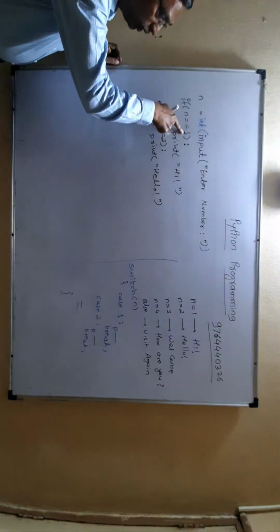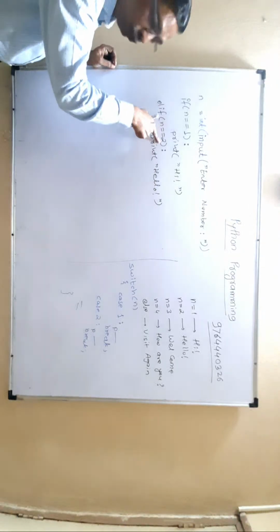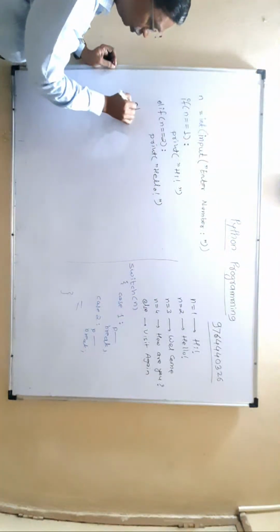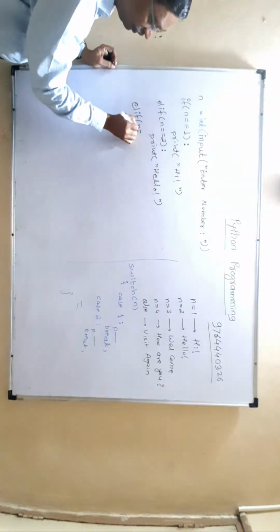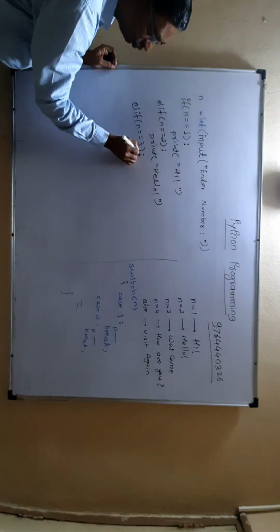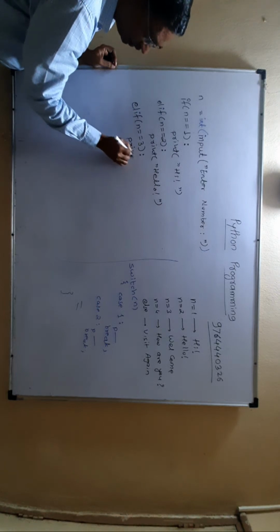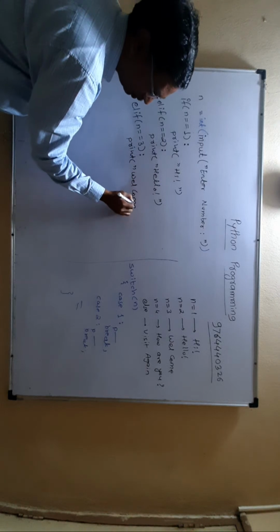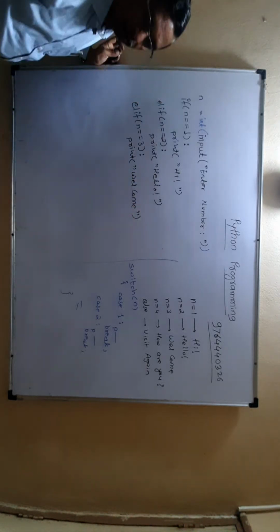If it is not equal to 1, we are checking elif it is equal to 2. If it is not equal to 2, what can we use? Elif n is equal to 3, we can use print welcome.